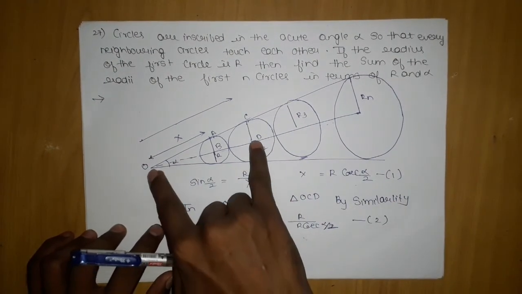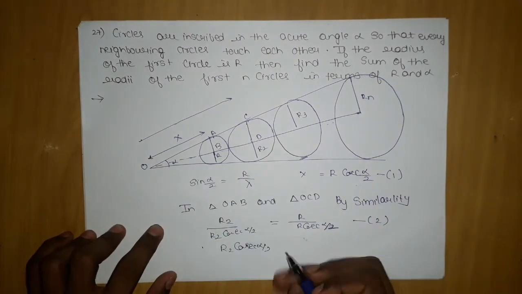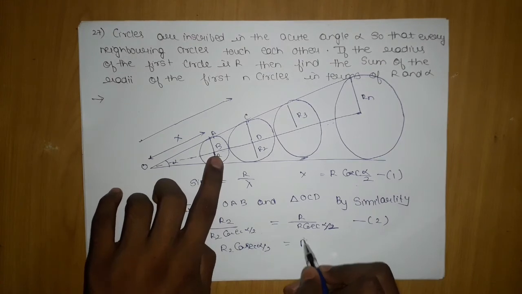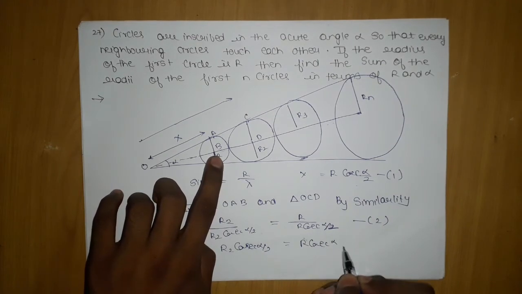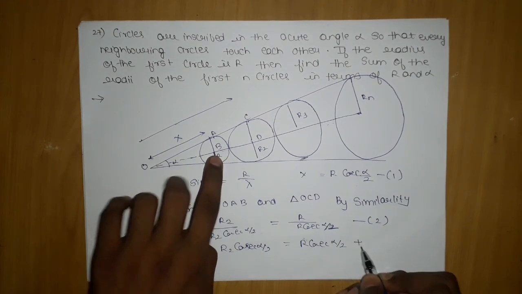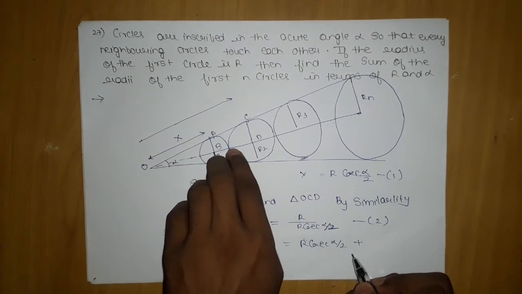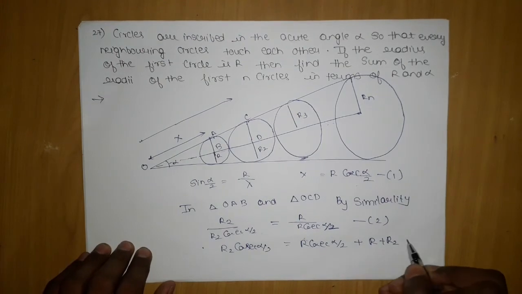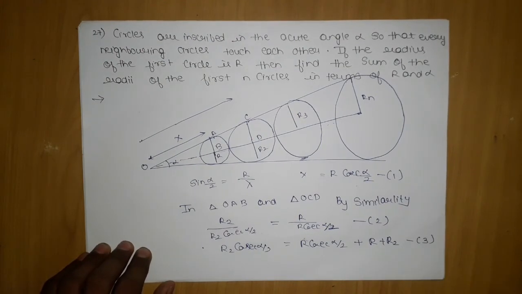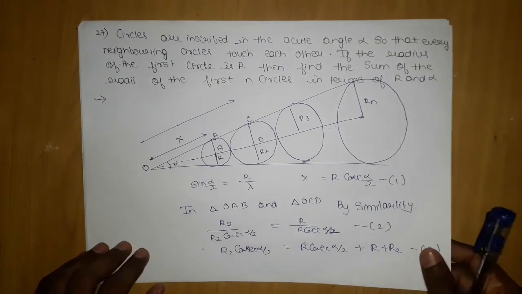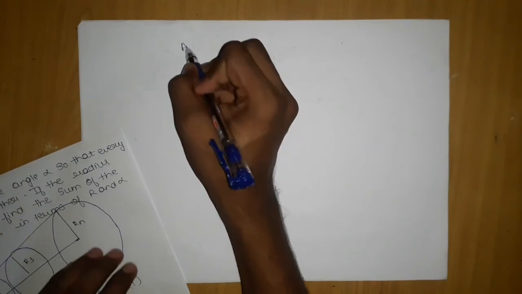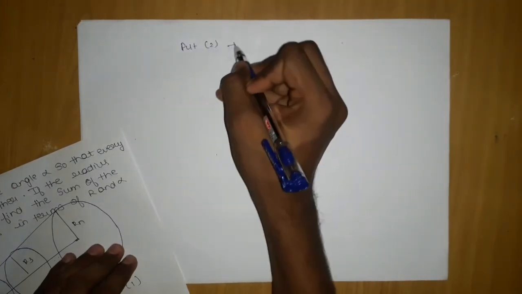But by observation you can say that r2 cosec alpha by 2 is nothing but this distance, which was r cosec alpha by 2, plus this distance r plus r2. We will call it equation 3. Now put the value of this r2 cosec alpha by 2 from equation 2 in equation 3.